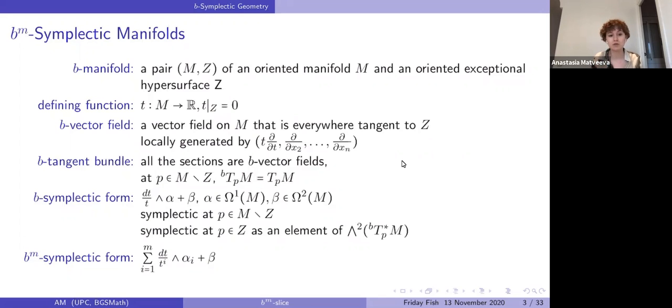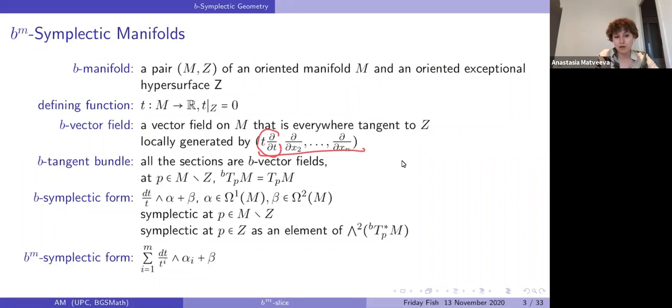Then you can also choose a defining function that vanishes along the hypersurface. Once you have that, you can also introduce B vector fields that can be seen as locally generated by these guys here, especially pay attention to this one. And these are the vector fields that are everywhere tangent to the hypersurface.